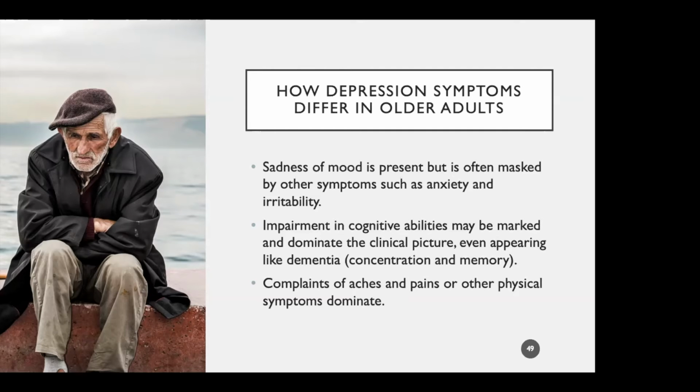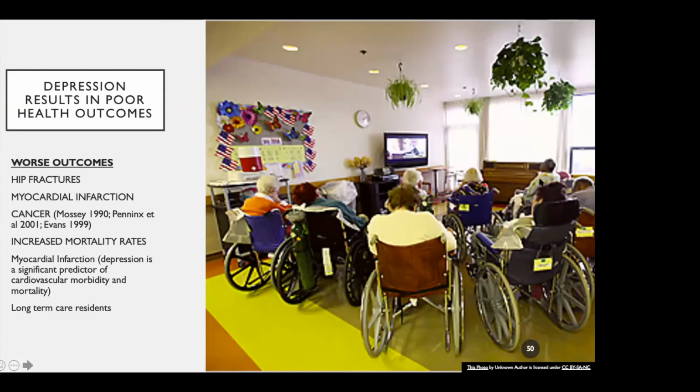Next slide. So what happens when depression is not detected or not treated? You have overall very bad health outcomes for older adults. More hip fractures, myocardial infarct, cancer. These are all diseases with a high rate of what we call comorbidity with depression, which can then lead to death.